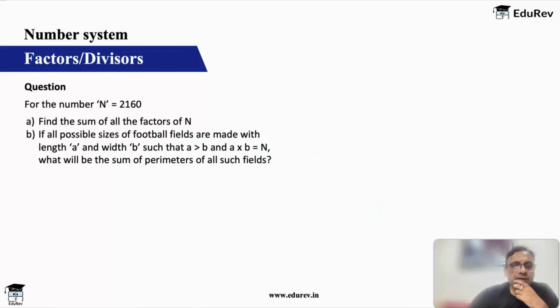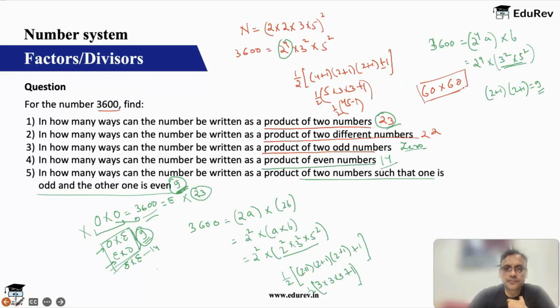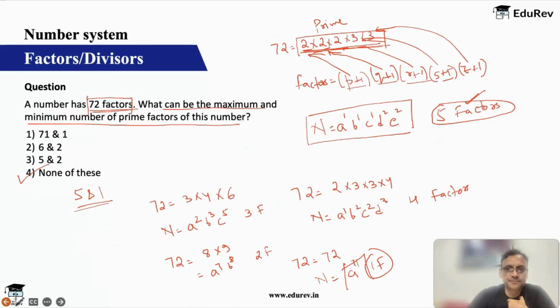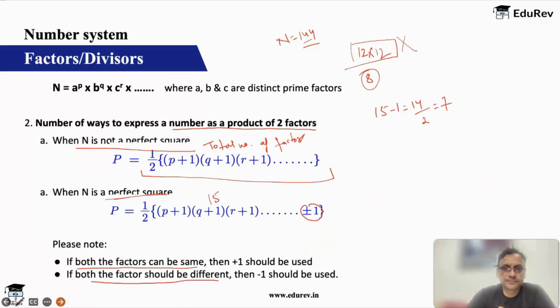Let's apply this. So we have the number 2160. 2160 we have factorized earlier also. What were the factors? 2160 we had taken here. Yeah. 2 to the power 4, 3 cube, 5 to the power 1.